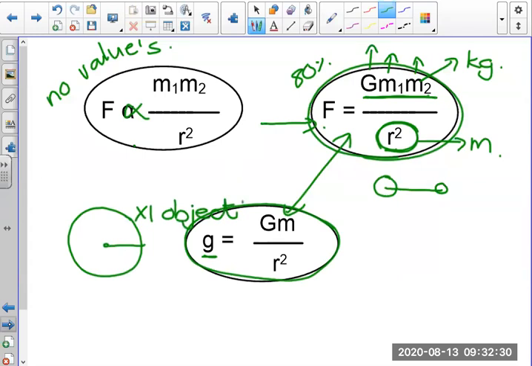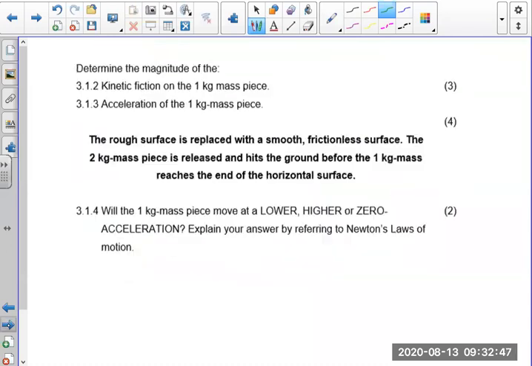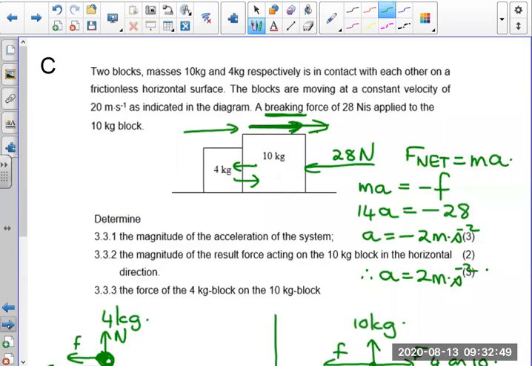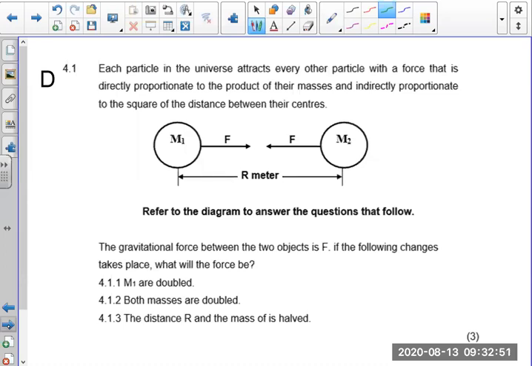There's no other object. They want to ask about that one object, then you use the bottom one. The one on the top right-hand side, two objects, the Earth and a satellite or so, then you use that one.